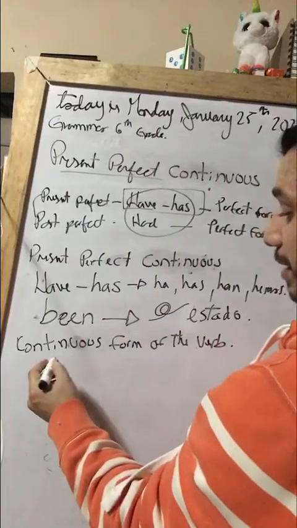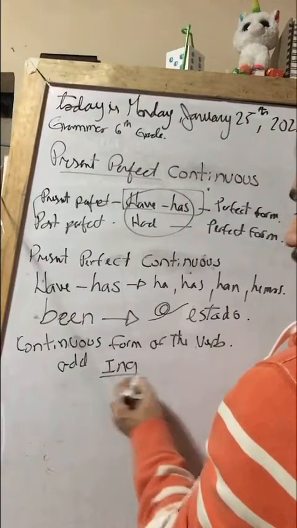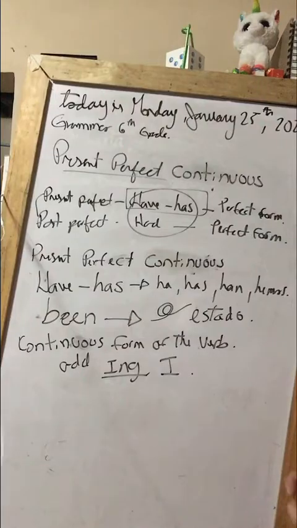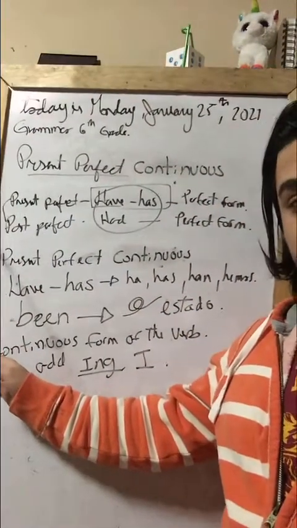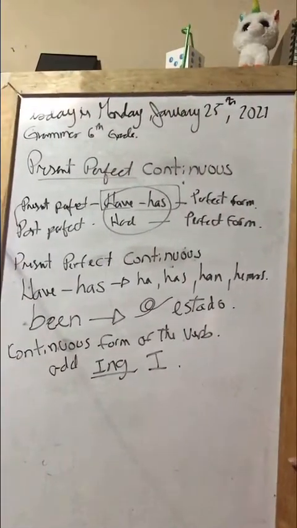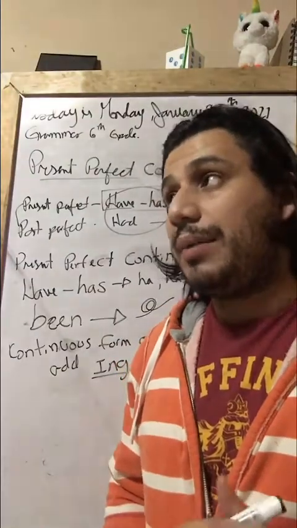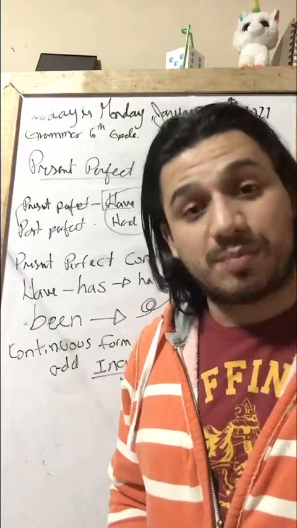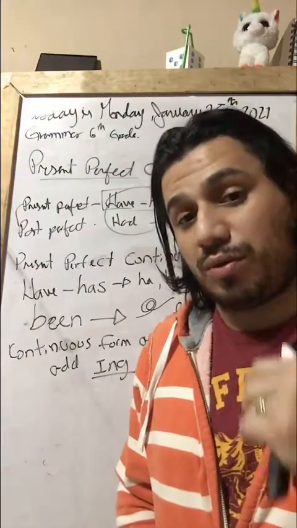And in this case, that means add ing to the regular verbs, and some of them are going to be irregular. So the present perfect continuous is a little longer than the others that we have done, but it's simple because we are going to use present continuous as part of the sentences. So we are going to use present continuous when we do our reviews.